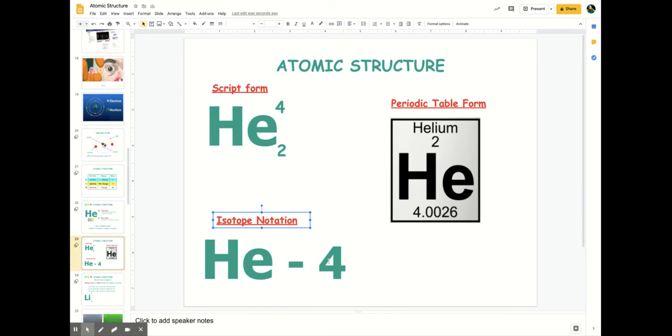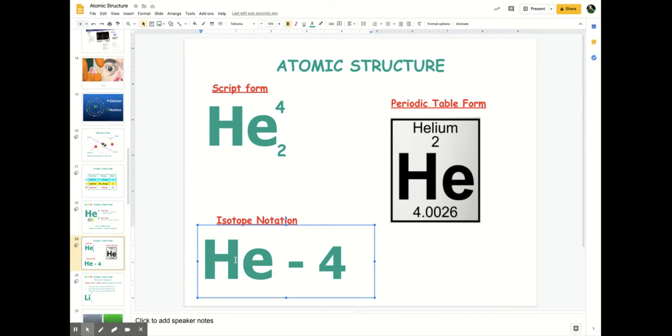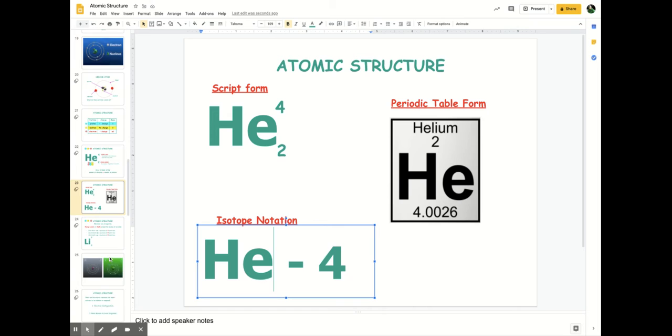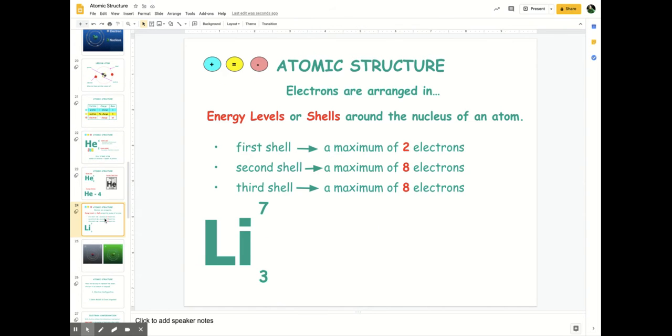Really, it makes a lot of sense because helium always has 2 protons, so we don't really need to write that every time because we know that helium has 2. So just by writing He-4, we actually know it should look like this. Again, we'll get going on that as we get going.